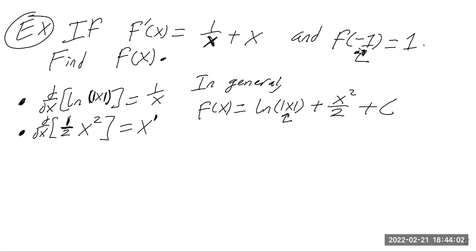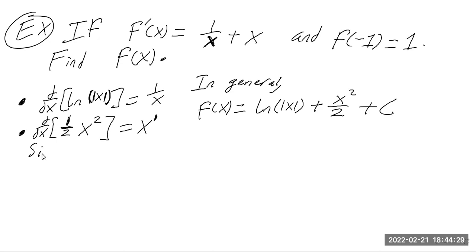That means my domain has to include negative values. Since I have to include negative values, there has to be an absolute value there. If I didn't have that, I would get domain errors. All right, great. Right now, I haven't used that extra information, so keeping it general, we just put a C.